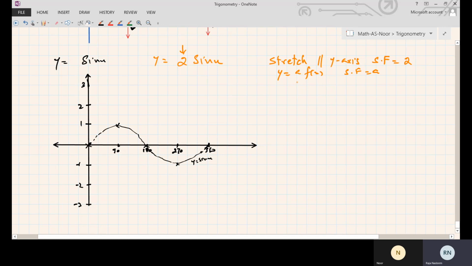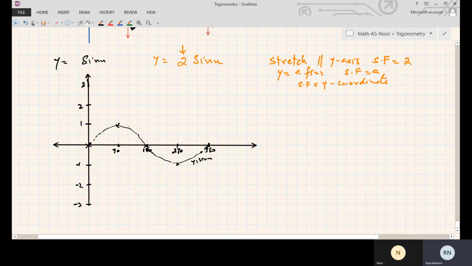Do you remember the working rule for vertical stretch? We multiply the range by 2. The scale factor multiplies the y coordinate.